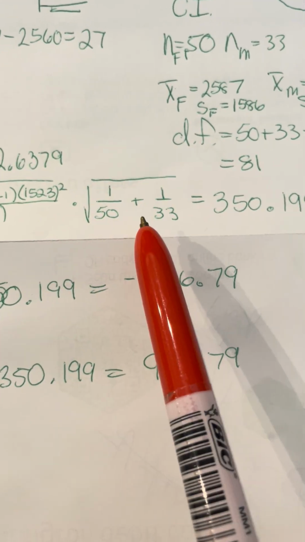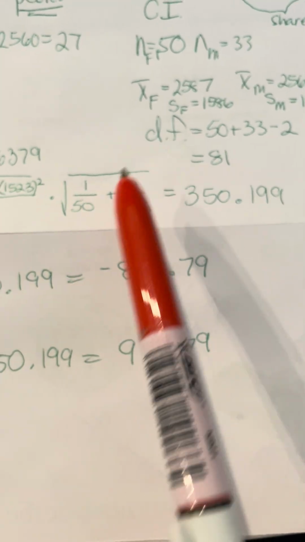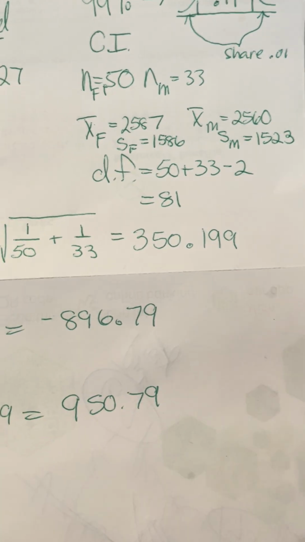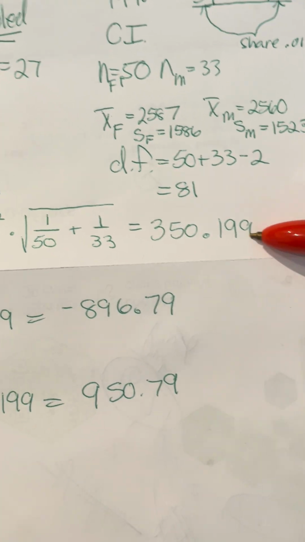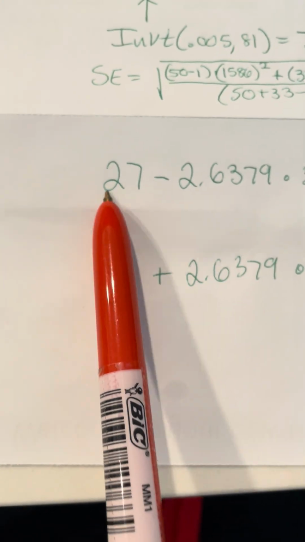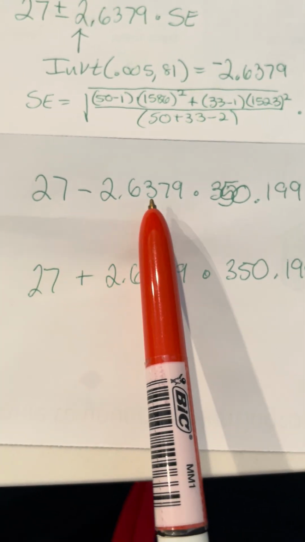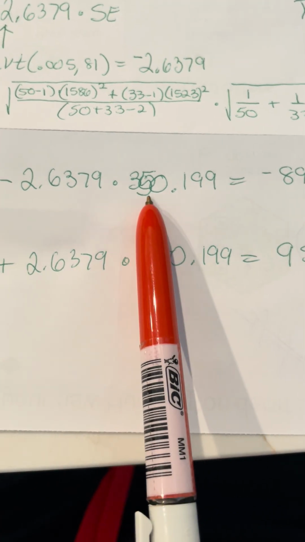And this part here makes this value the standard error because we're taking the square root of things that have the sample size involved. All right. So we have 350.199. Now I'm going to travel over here and show you that we've got our x bar minus 2.6379 times the 350.199.